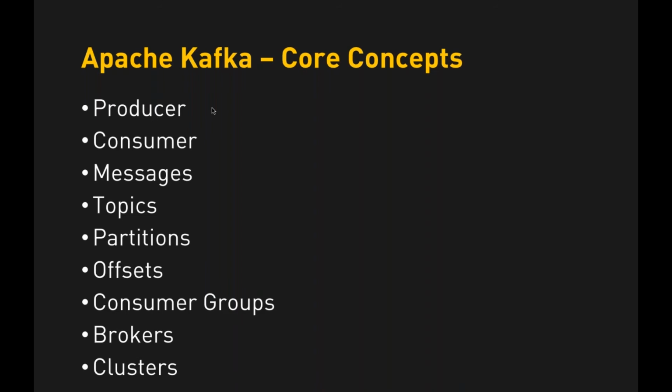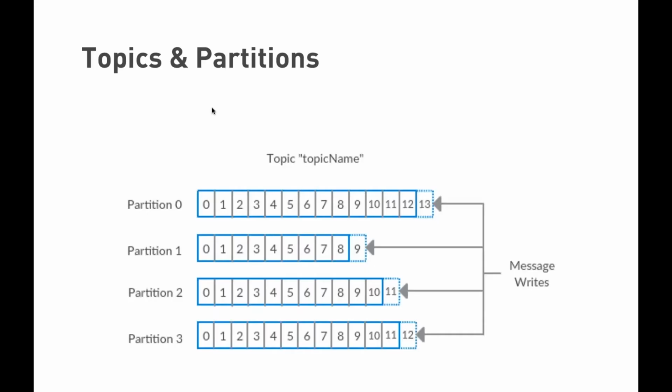We have looked at some of these earlier, like producer and consumer, and I want you to pay more attention to partitions and consumer groups, which I'm going to demonstrate in the upcoming demo. So this is how we visualize topics and partitions. As I mentioned earlier, partitions bring in additional scale to Kafka.